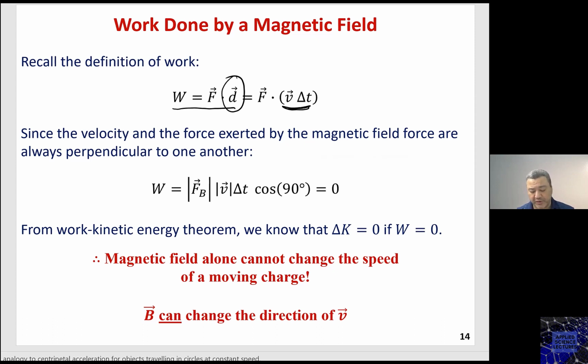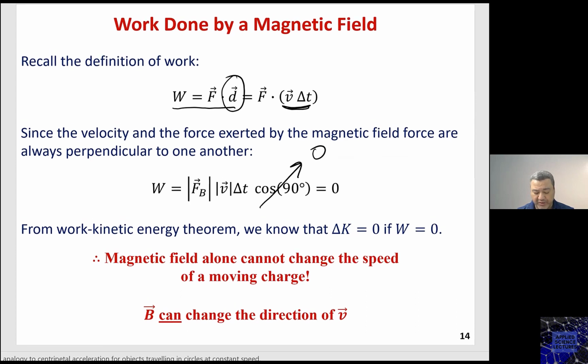If you take the dot product between those two perpendicular vectors, it gives cosine 90 degrees, which is zero. So the work done by the magnetic force on a moving charge is always zero.